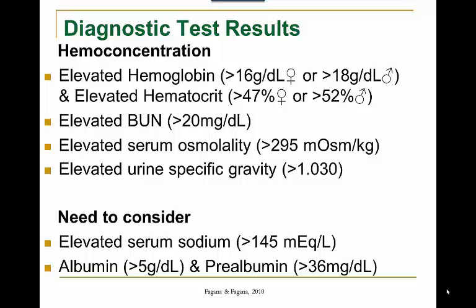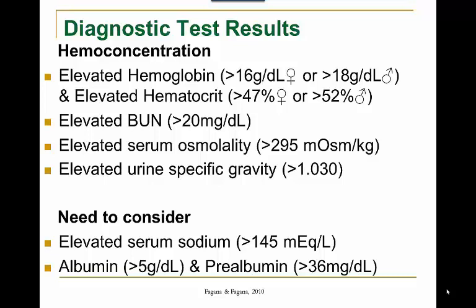What we will find is we have stripped away water, and so all of the other elements that are supposed to be contained in that plasma appear to be higher because there's less water to dilute it. And so they will have an elevated H&H, hemoglobin and hematocrit. They will have an elevated BUN, which is blood urea nitrogen, and we really don't call that BUN, just an FYI. We do call it BUN.